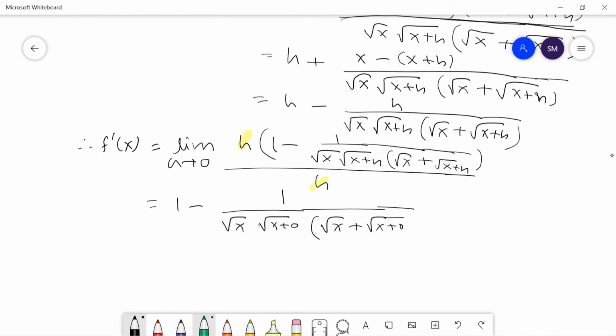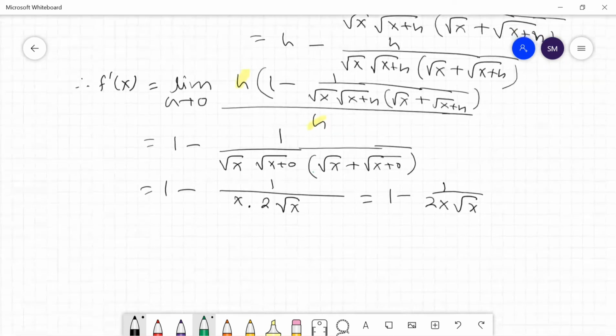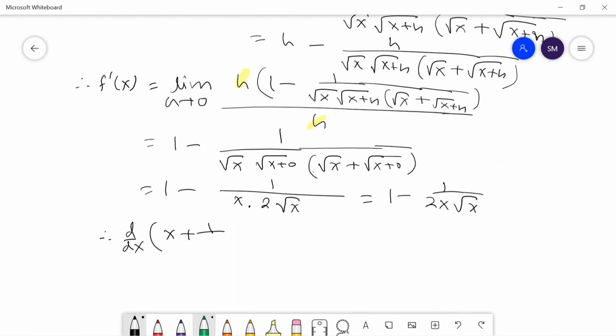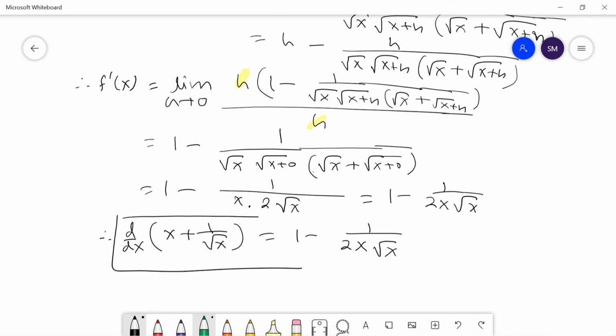Simplify, 1 over square root of x, and here multiply by 2 square root of x. So 1 minus 1 over 2x square root of x. So therefore d dx of x plus 1 over square root of x is equal to 1 minus 1 over 2x square root of x.